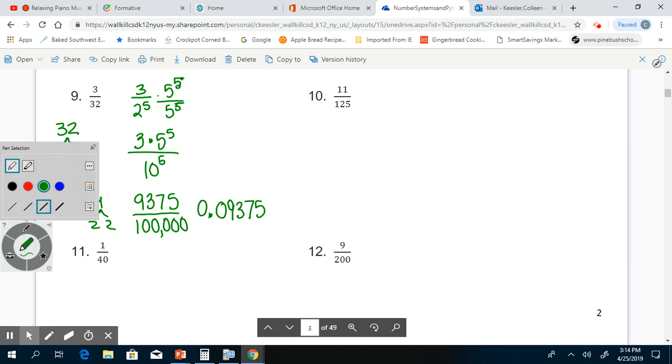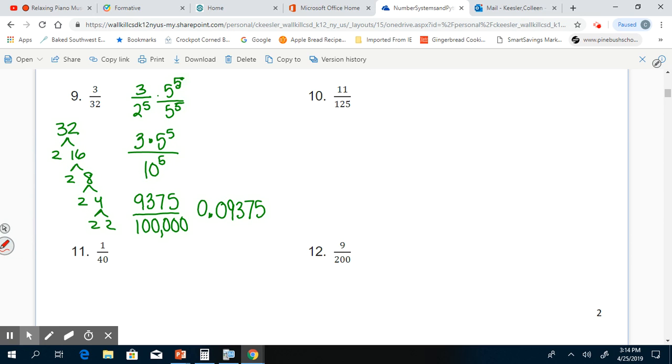So 125 is 5 times 25, and 25 is 5 times 5, so it's 5 to the 3rd. And I need the same number of 2's, so we're going to multiply by 2 to the 3rd.